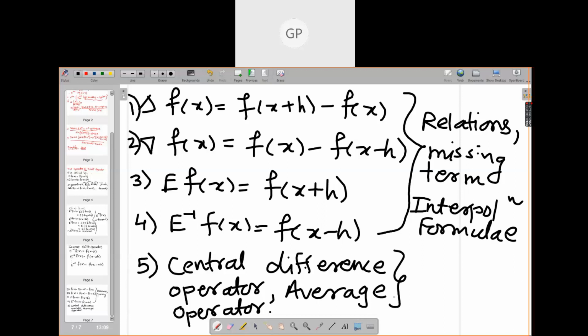For the other 2 we will study the definitions of operators and the relation between mu and delta. One is called mu and the other is called delta. In the next lecture, we will study these two operators, the central difference operator and the average operator, and the relation among all the operators. Is that okay, girls?